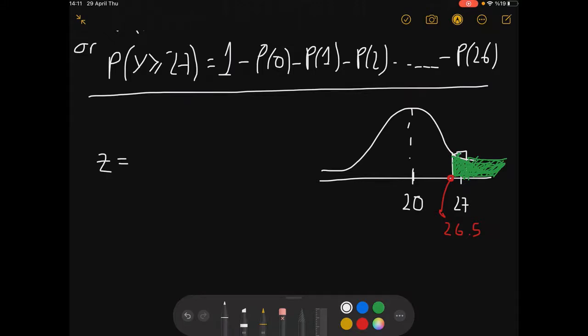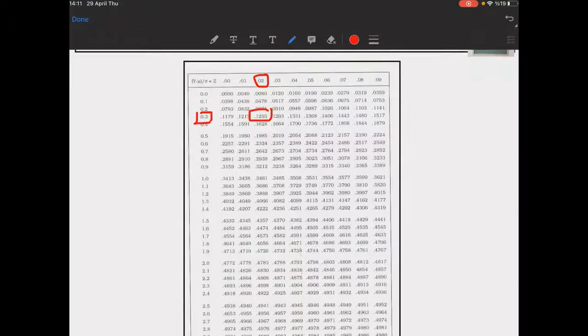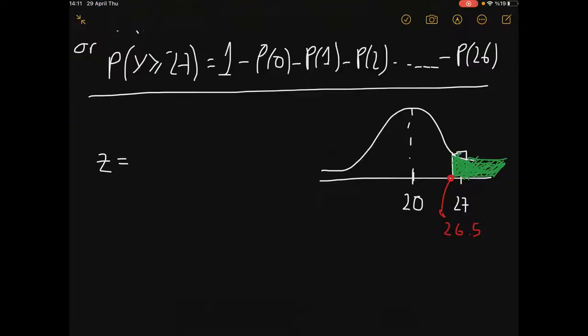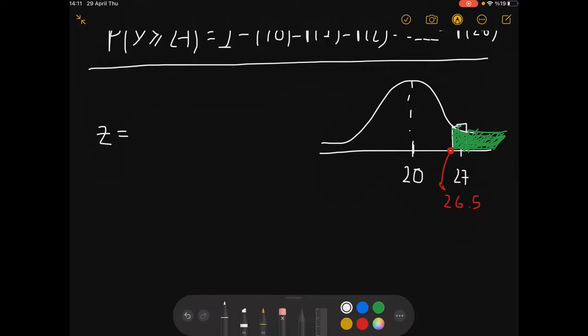For what? Why am I doing this z transform? Just think about it. Because I want to use this lovely table. That's why I'm doing the transform here. X minus mu, x minus mu over sigma.